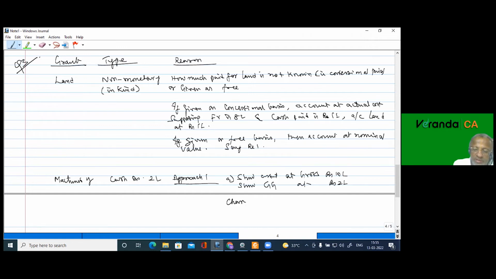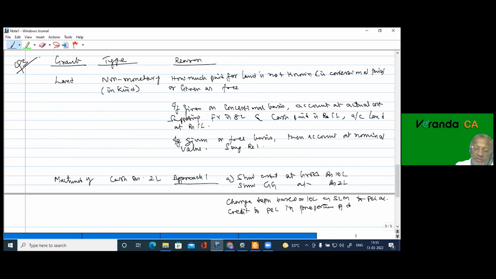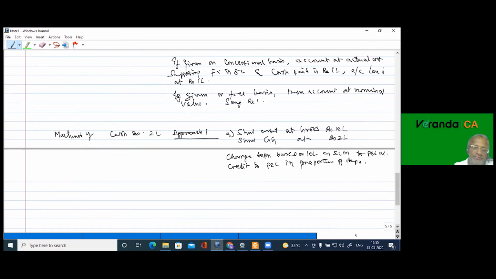Charge depreciation based on 10 lakhs on straight line method to P&L. Credit to P&L in proportion to depreciation. Correct.